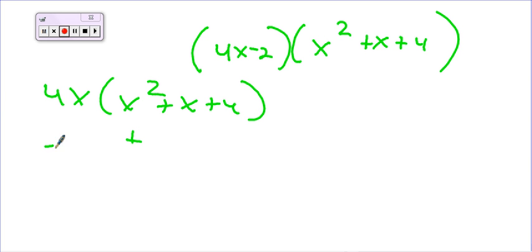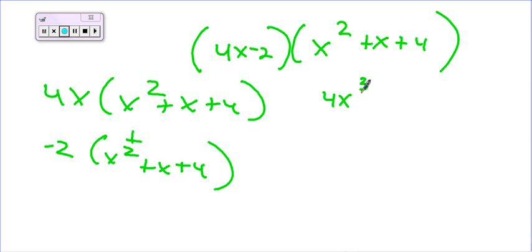So we're going to do 4x times x squared plus x plus 4, plus negative 2 times x squared plus x plus 4, and we're going to add those two things up. So 4x times x squared is 4x to the third. 4x times x? 4x squared. Plus 16x.